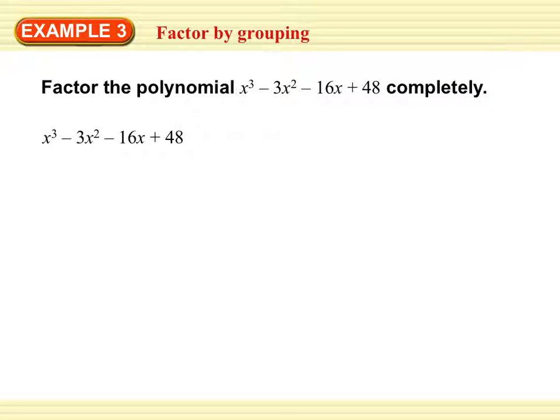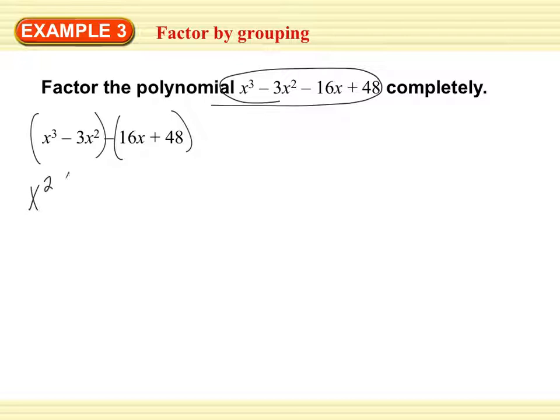So factor it completely. Whenever I see 4 terms and I've been told to factor completely, usually factoring by grouping is what works best. So we always group the first 2 and the last 2. Find your greatest common monomial, which here is going to be an x squared, and I've got x minus 3 left.